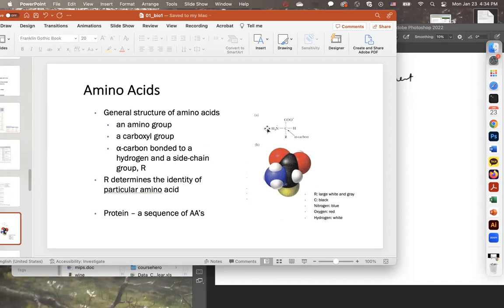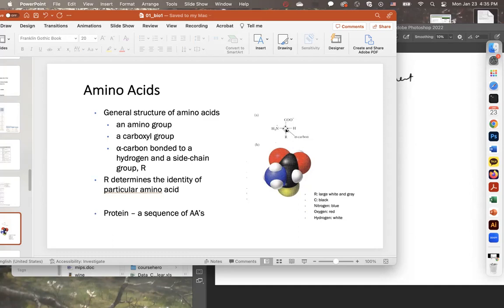Amino acid we will spend some time on later. Okay. So this is the common amino acid structure, and depending on what is attached here, you have 20 different amino acids. So what constitutes this residue R will basically determine what amino acid you have.